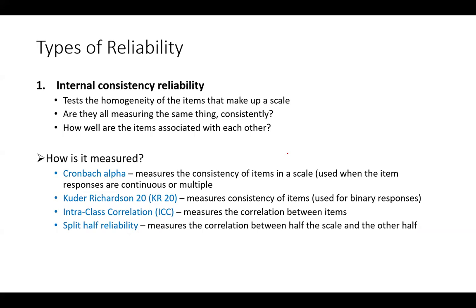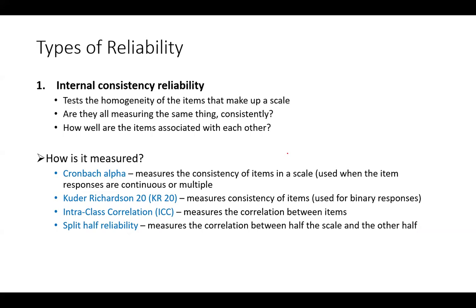Again, I'll show you in SPSS, there is a command called reliability, and one of the reliability measures is split half reliability. The statistical program divides the items into equal halves and then computes the correlation between the two halves.